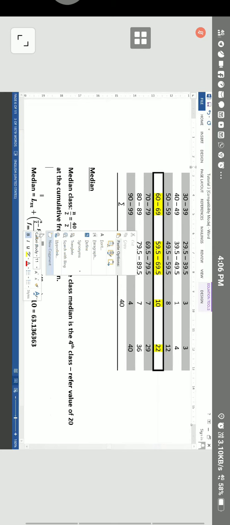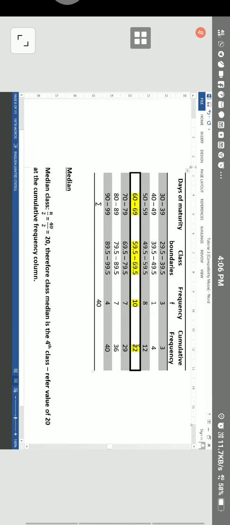Then the class frequency, that's why you have 12. Here you need to take the class frequency, so be careful: the class frequency is the number 10.